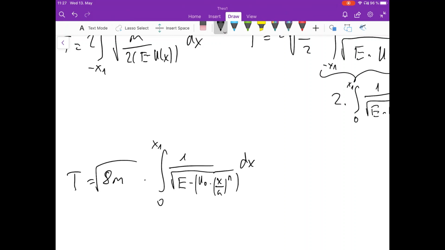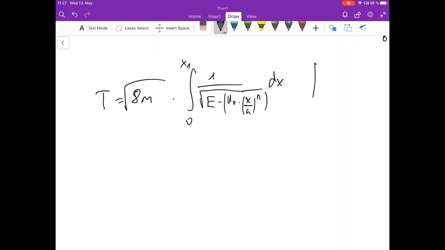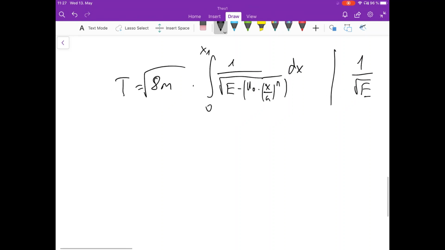So perfect, but it still doesn't seem so helpful. So let's try something, and let's try plugging the square root of e out. So we have 1 divided by the square root of 1 minus something. Maybe thereof we can do something.